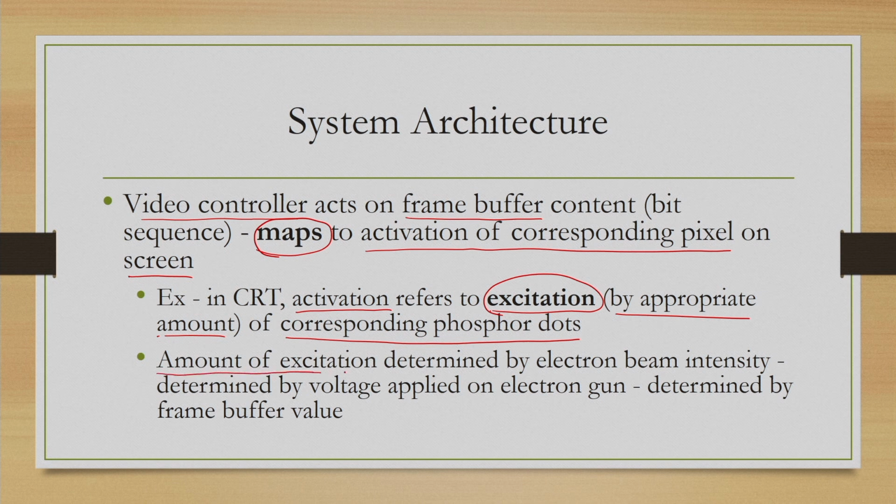This amount of excitation is determined by electron beam intensity, which in turn is determined by voltage applied on electron gun, which in turn is determined by the frame buffer value. So, this is how this frame buffer value affects the amount of excitation in case of CRT, and similar thing happens with respect to other devices as well.